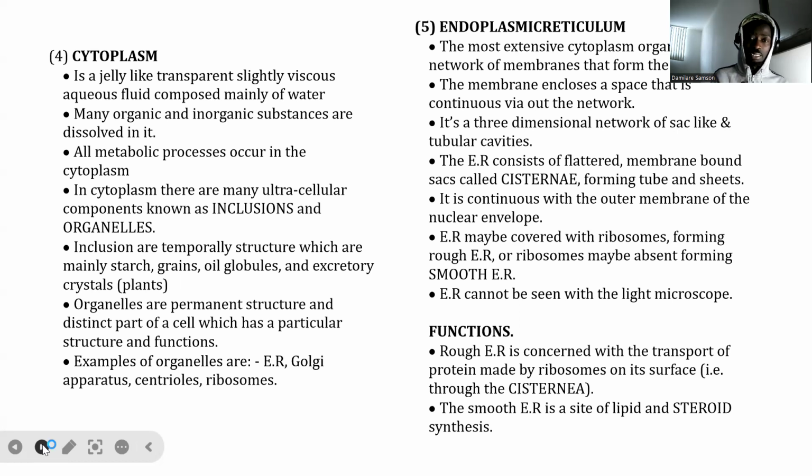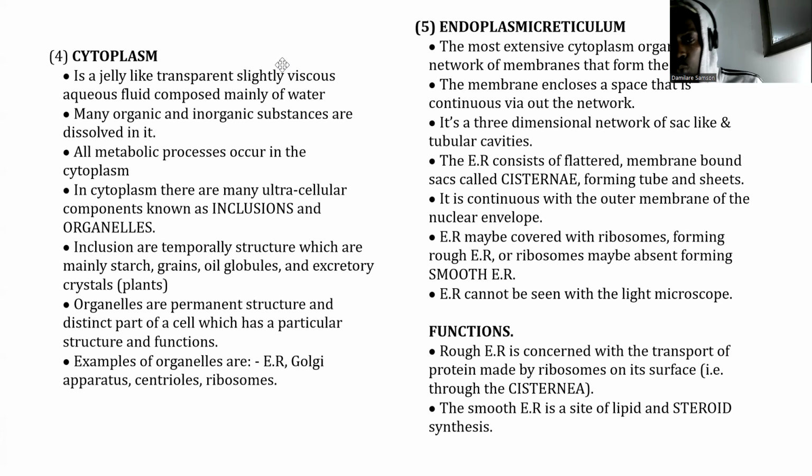Since I've been talking more about organelles, note that they don't just have organelles, they also have what we call inclusions. Inclusions are temporary structures which are mainly starch grains, oil globules, and excretory crystals.